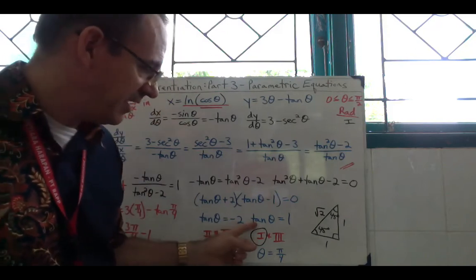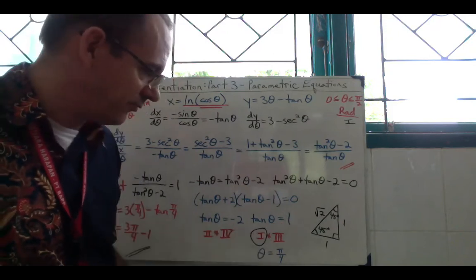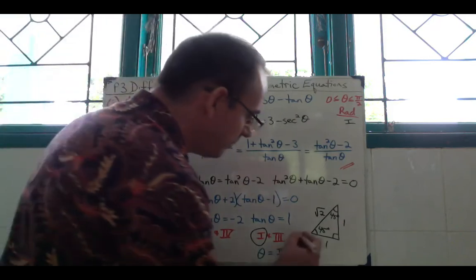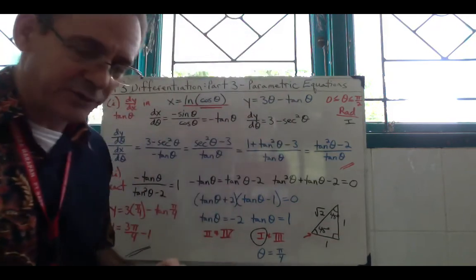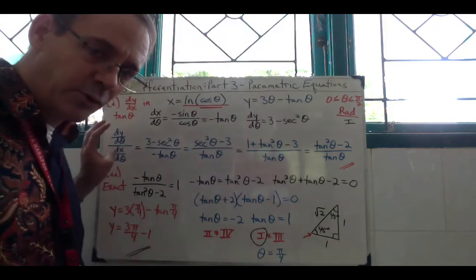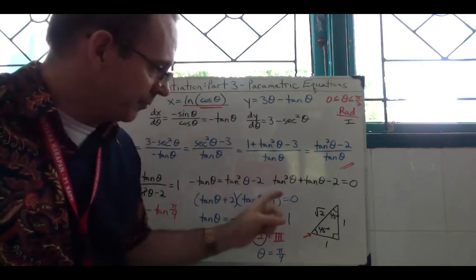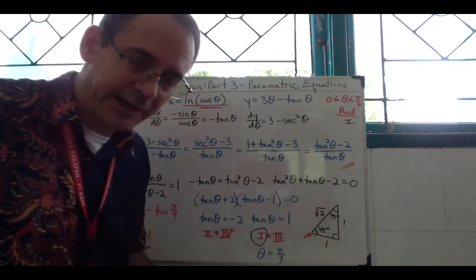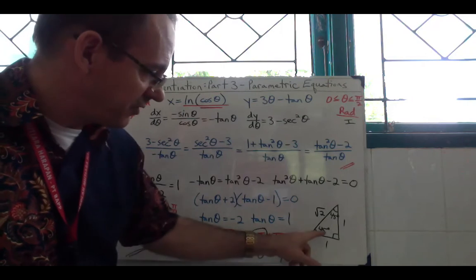And look, where does tangent, opposite over adjacent, give you a value of 1? Well, if you're coming from the 45, your opposite over adjacent will give you a value of 1. So whenever you're working with exact values and trigonometry, use your special triangles to help you with that. So what you end up with is a 45.